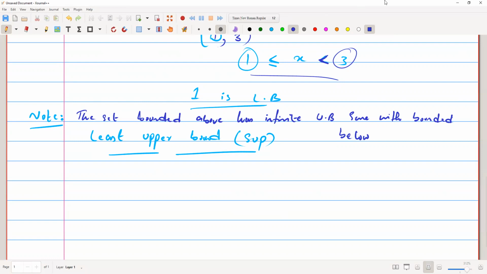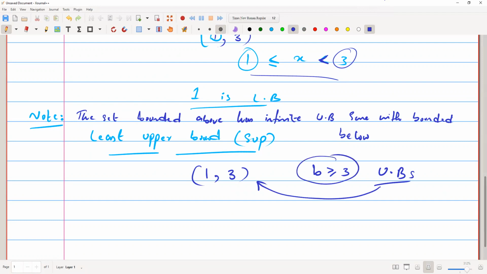So in this case, 1, 3, all numbers greater than or equal to 3 are upper bounds of this set.